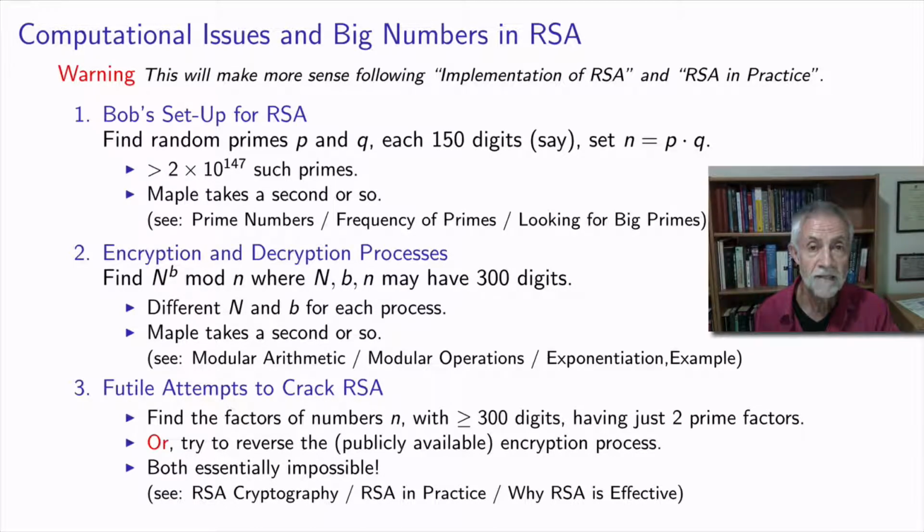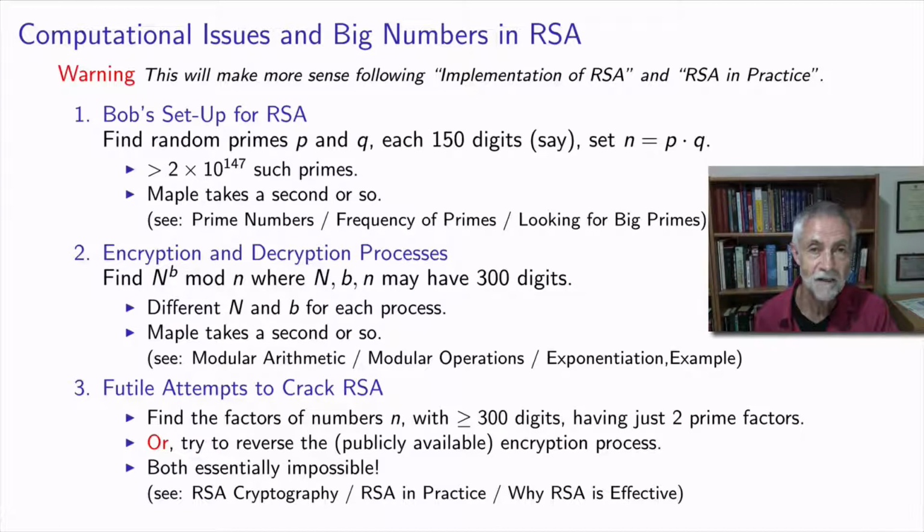The next aspect is the encryption and decryption process. And in both cases, this involves a calculation of the form find a to the b modulo n, where n was the 300 or 600 digit number we mentioned up here. And a, b and n may again have as many as 300 digits or more. And each time the process is done, whether it's encryption or decryption, you use different a's and b's.